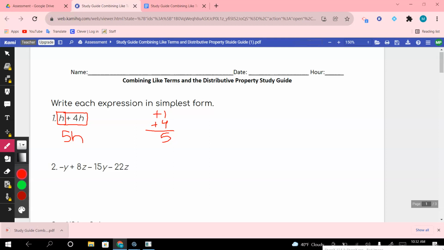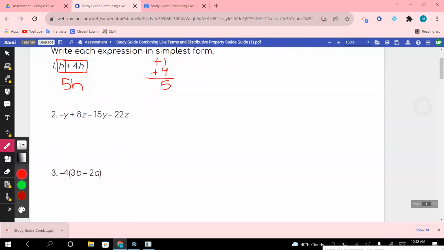Okay, let's look at number 2. Negative y plus 8z minus 15y minus 22z. So we have negative y and a positive 8z, and I could even change the color on that.